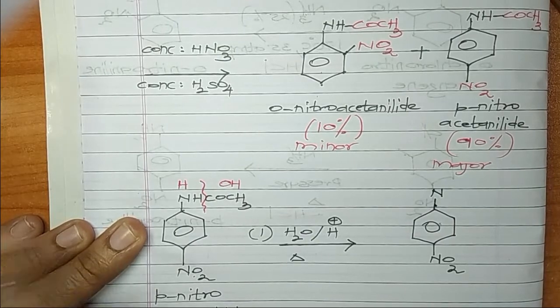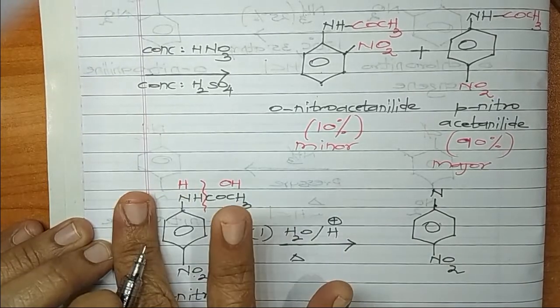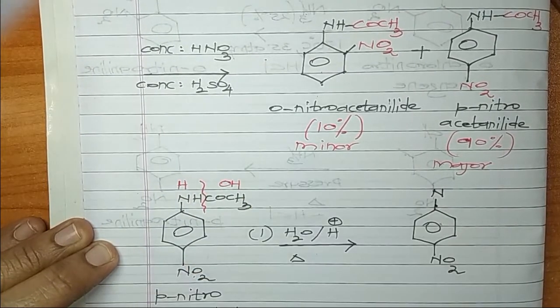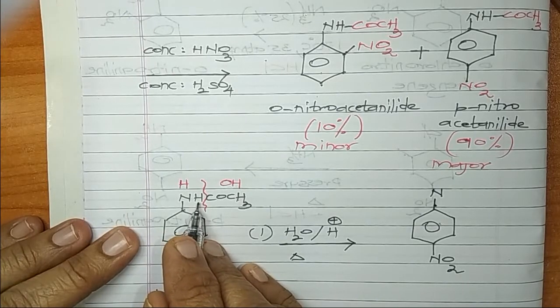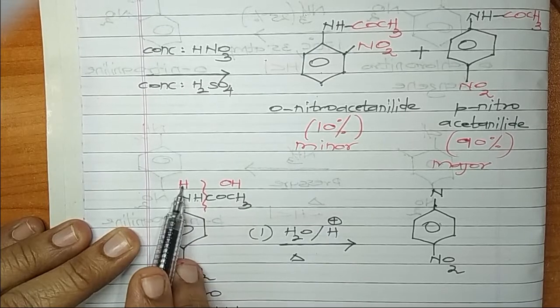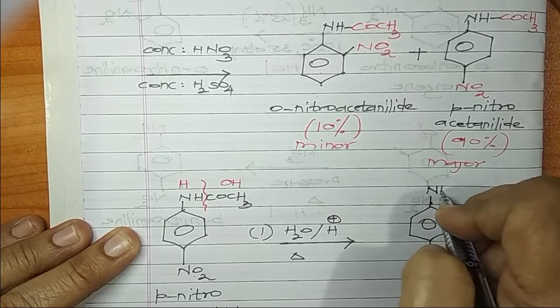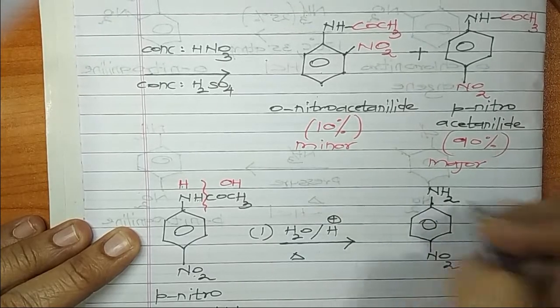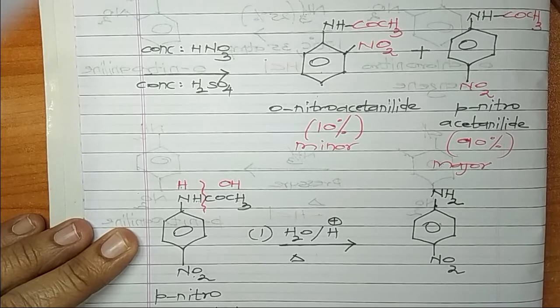What else? See, you will get two parts. This is one part and this is the other part, right? Now there is a nitrogen atom here. Already there is a hydrogen atom and one more H here. So the total number of hydrogen atoms attached to the nitrogen atom is obviously 2.